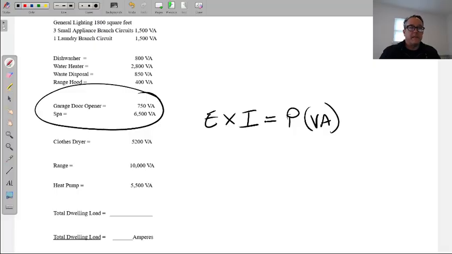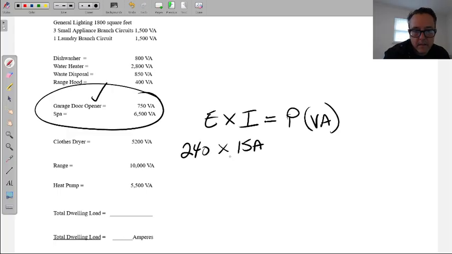But for example, if the piece of equipment did not have the VA, which happens a lot with a couple of these things, we don't get the wattage, we get the amperage that this thing operates at. So let's say this thing operates at 15 amps. Then if I know what voltage I'm connecting it to, a garage door, for example, would be multiplied by 120. A spa, if they mean jacuzzi, usually gets connected to 240.